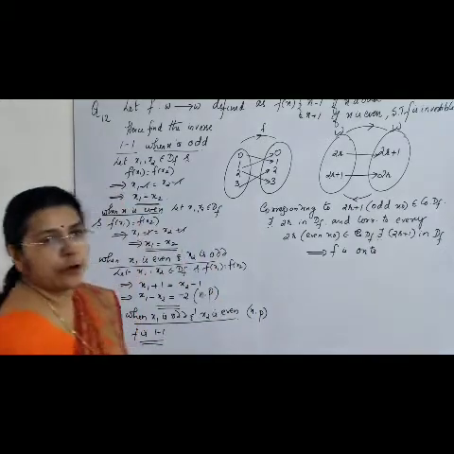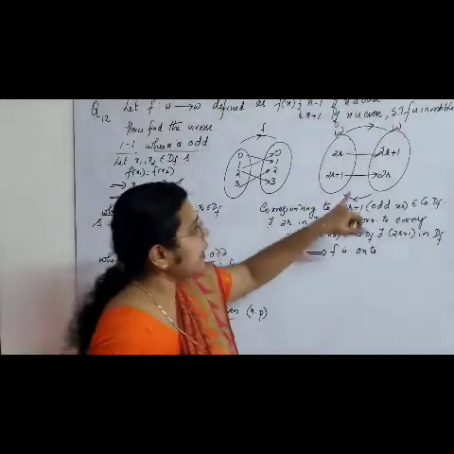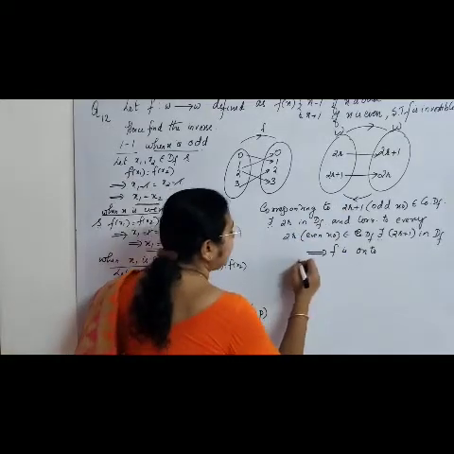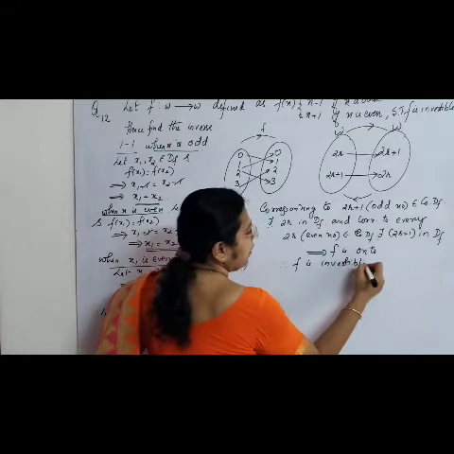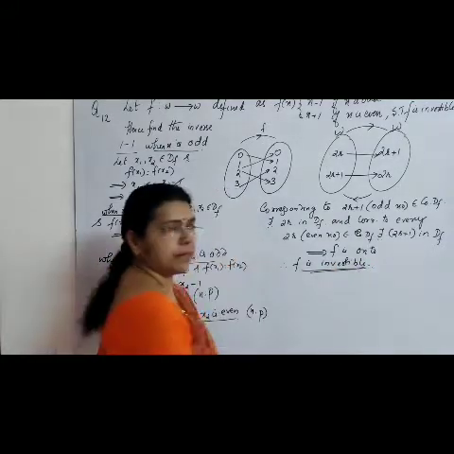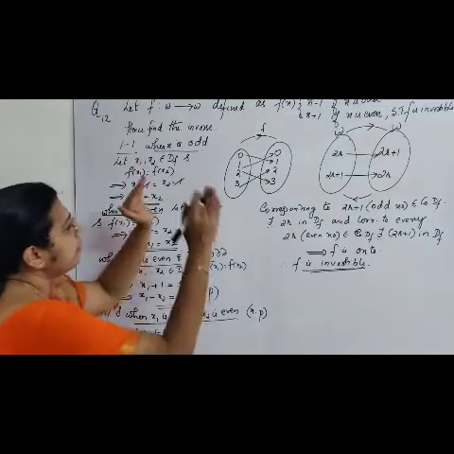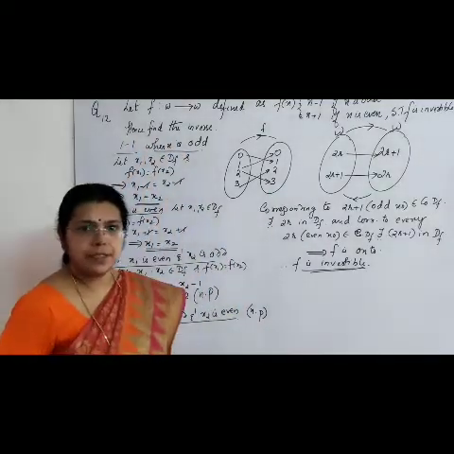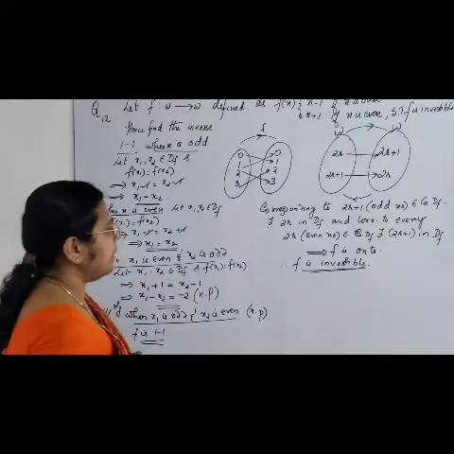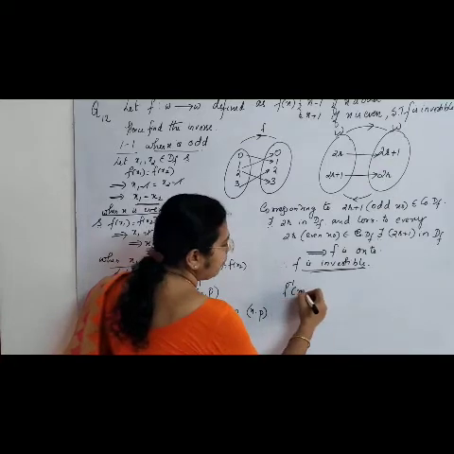f is onto. Now you are asked to show that f is 1-1 and onto, therefore f is invertible. Right? f is invertible. So the first part is over. We have proved it is 1-1, we have proved it is onto. Now hence find the inverse. Okay, so let's find the inverse. I consider my inverse as f inverse of m.